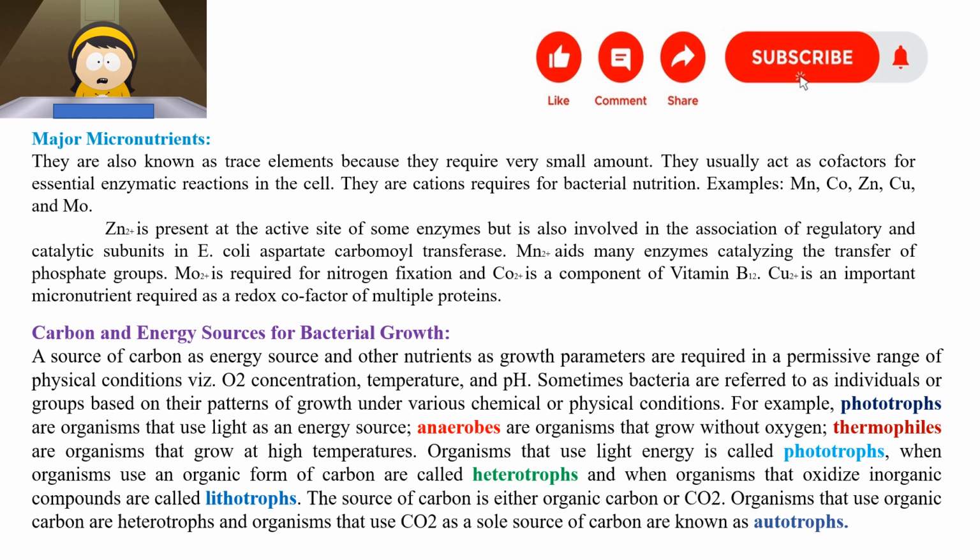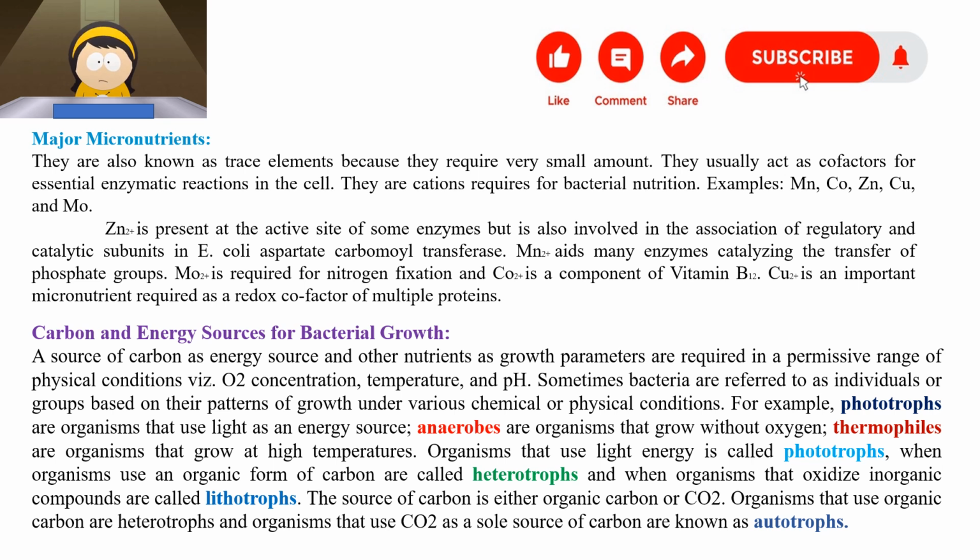Carbon and energy sources for bacterial growth. A source of carbon as energy source and other nutrients as growth parameters are required in a permissive range of physical conditions, viz. O2 concentration, temperature, and pH.